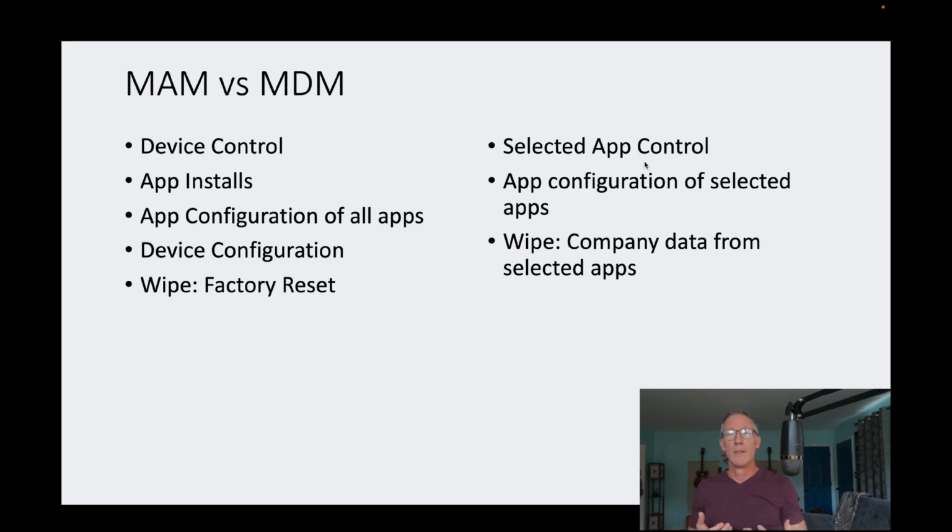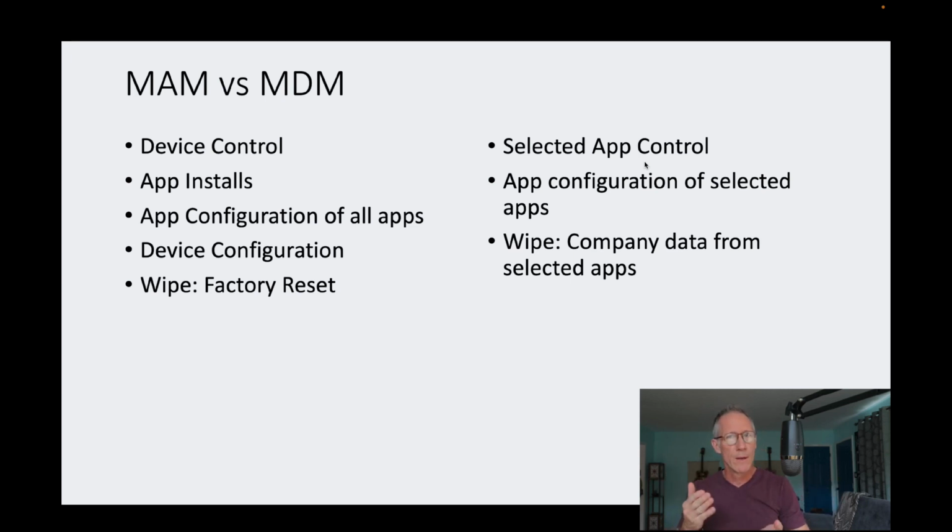So the big difference between the two is mobile device management is full management of the entire device at a device level. And we can do just about anything we want with mobile device management. We can set security on the device, PIN, encryption for the whole device.